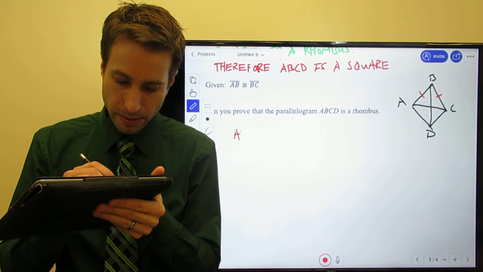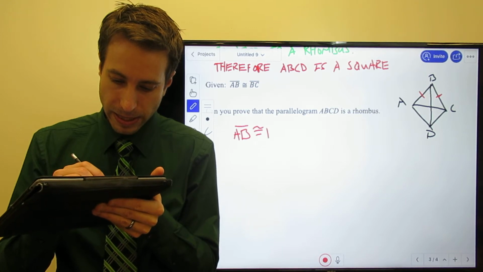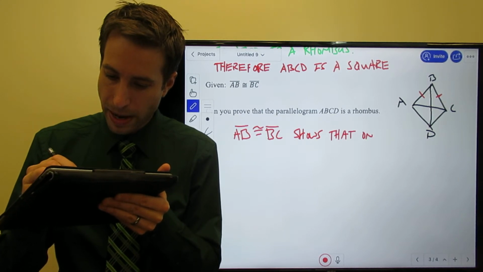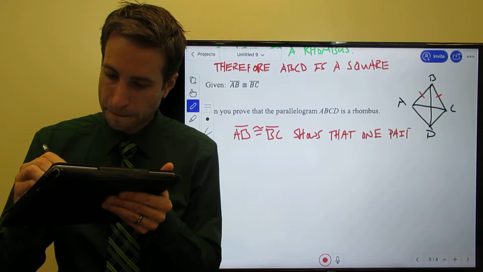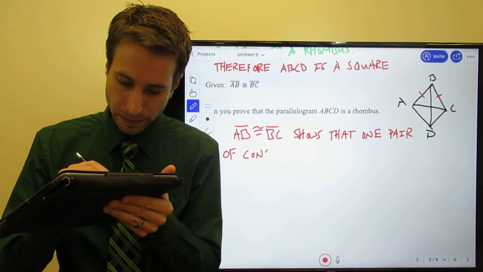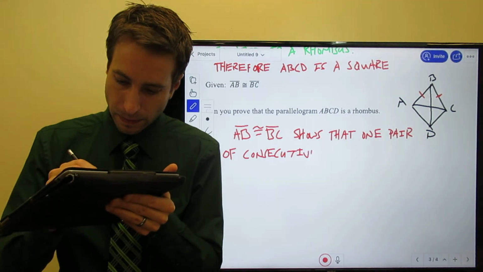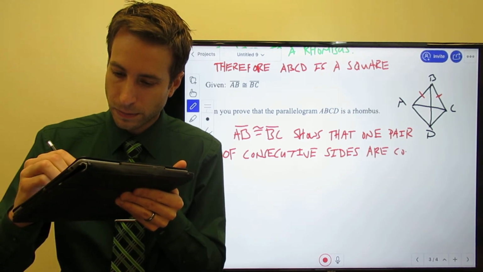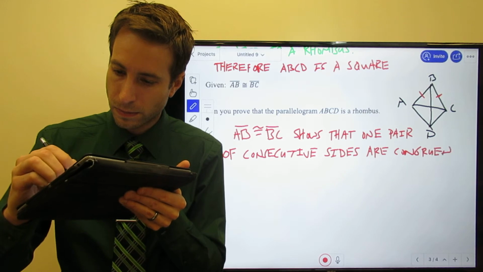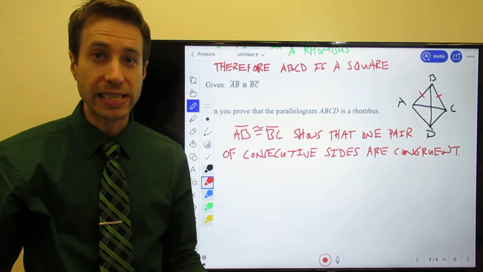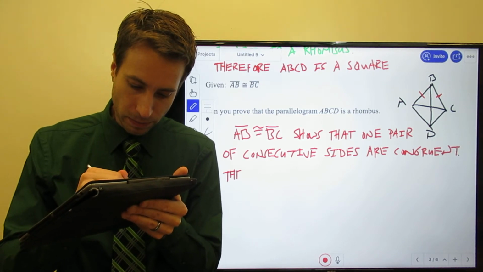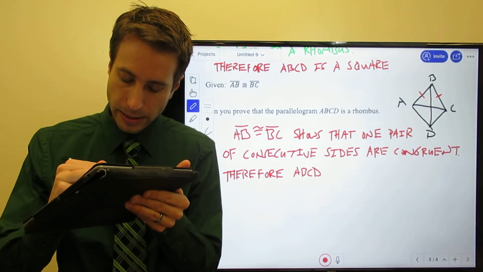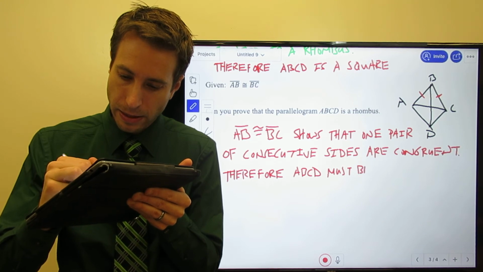So, AB being congruent to BC shows that one pair of consecutive sides are congruent. Therefore, ABCD must be a rhombus.